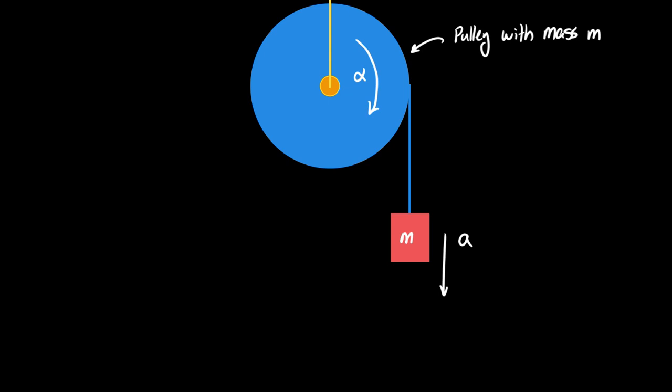The next thing we do is identify each object that's moving. That's what we did before. What are the objects in our problem? And when you're identifying them, one of the questions you have to ask: does the object have translational motion?